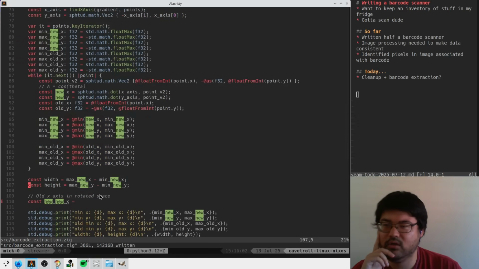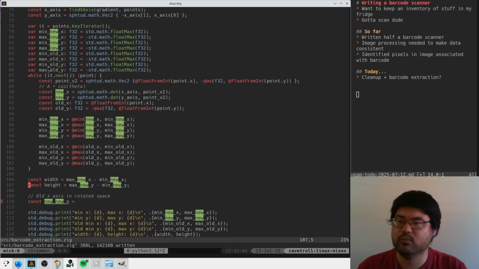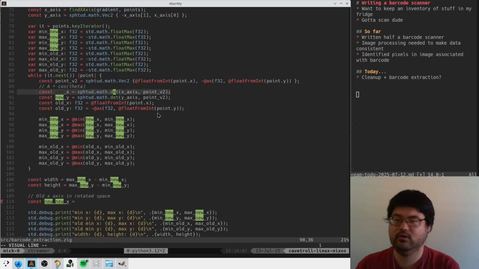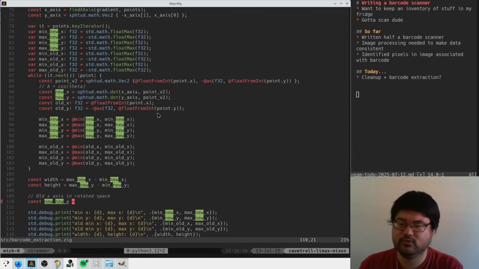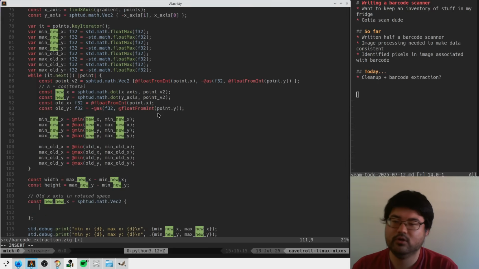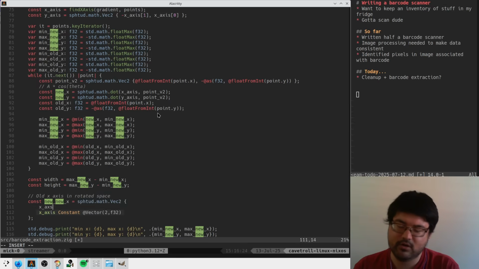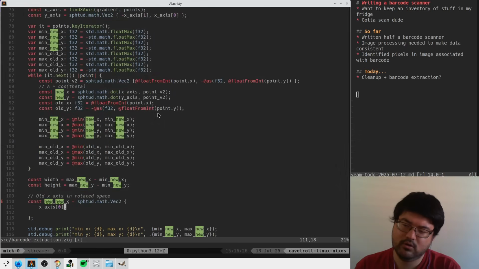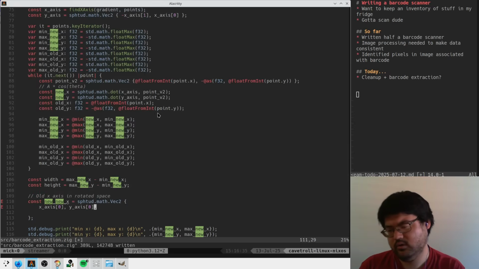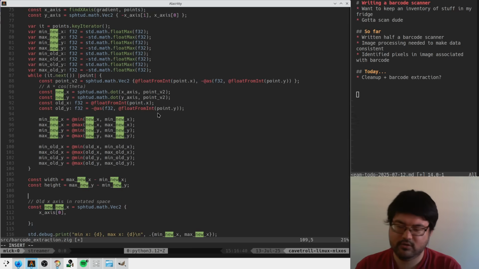So this is like we rotate the point 0, 0. So this is just x-axis 0. Y-axis 0? No. Hold on.